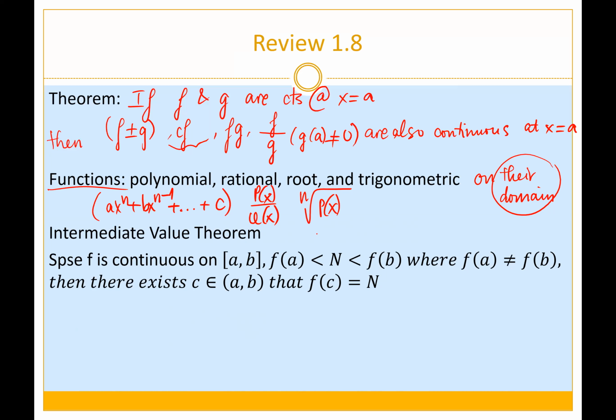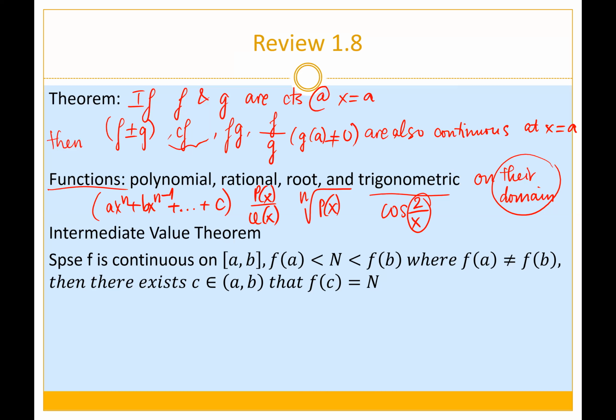That's why I'm saying it's continuous on its domain. And then you have trigonometric functions. Usually if you have cosine x or sine 2x, those simple things, it wouldn't be a problem. But when you see something as odd as cosine of 2 over x, you have to be careful about the fraction, where 2 over x is not defined because x can be 0.